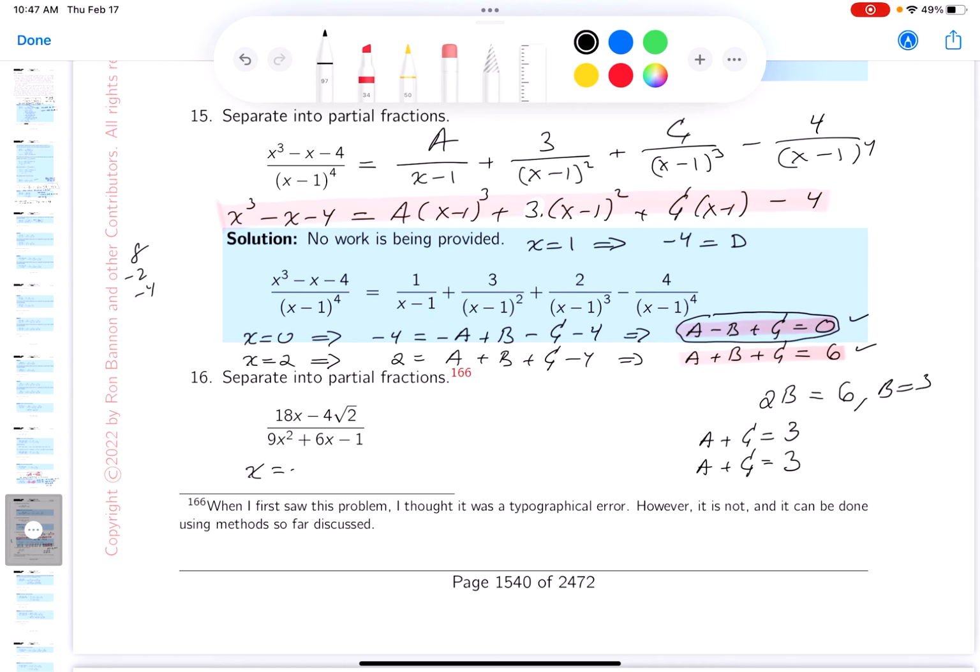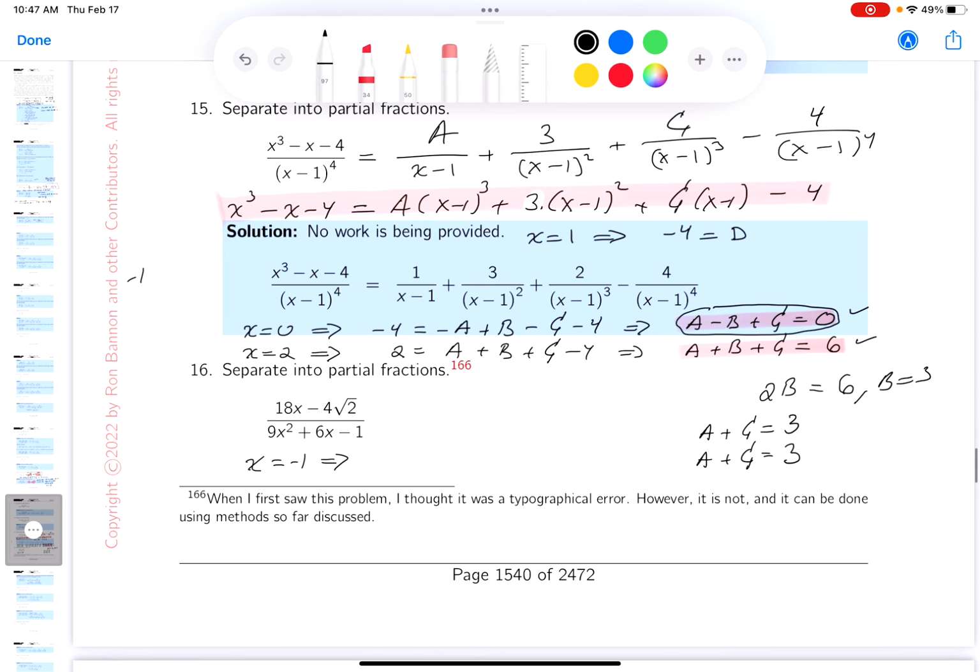I'm going to try minus 1. And what do you get here? Well, I've got to be careful. Again, we're plugging it in. Let's write this down. You get minus 1 minus 1 cubed, plus 1, minus 4. Let me check that out. So minus 1 cubed is minus 1, minus 1 is plus 1. Yeah, minus 4.